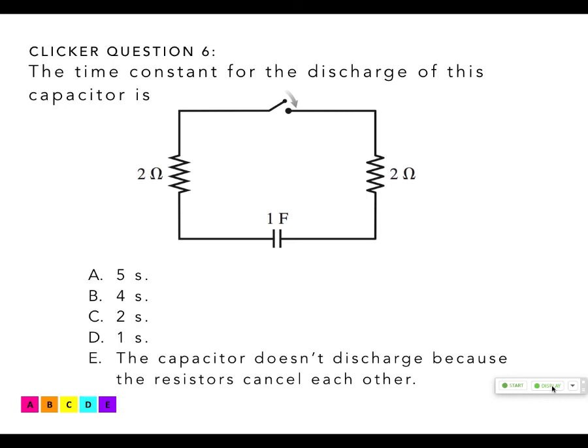What's our capacitance? 1 farad. What's 1 times 4? 4 seconds. So remember, if you have a larger resistor, what does that do to your time constant? Increases it. Think about this. If you're looking at V equals IR, if you increase the resistance, what do you do to the current?